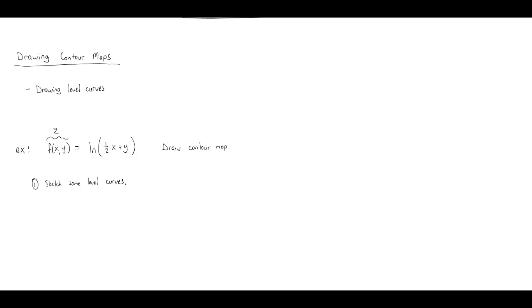Before I plug in specific numbers, let me plug in a generic constant c. Then we'd end up with the equation ln of (1/2 x plus y) equal to c.